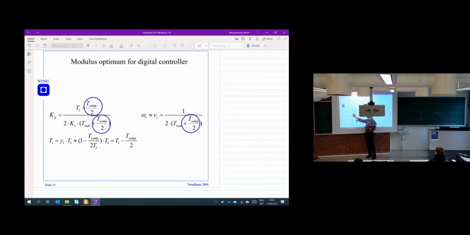Now, in addition, T-sum also has a part from the sampling. So the T-sum now has the carrier, sampling, and the filter, these three parts together. And then if you see after detailed derivation, then you will see that Kp would be like this, and the Ti, the integral time constant, like this.